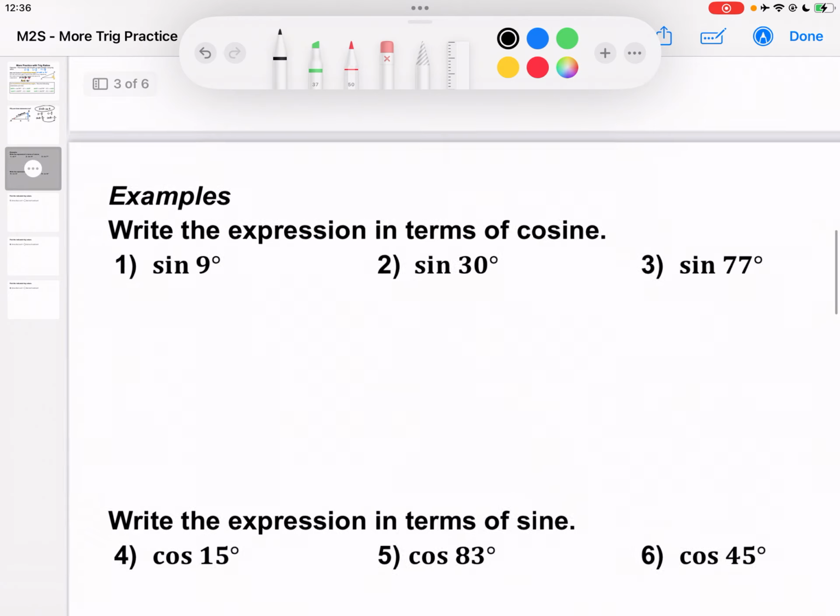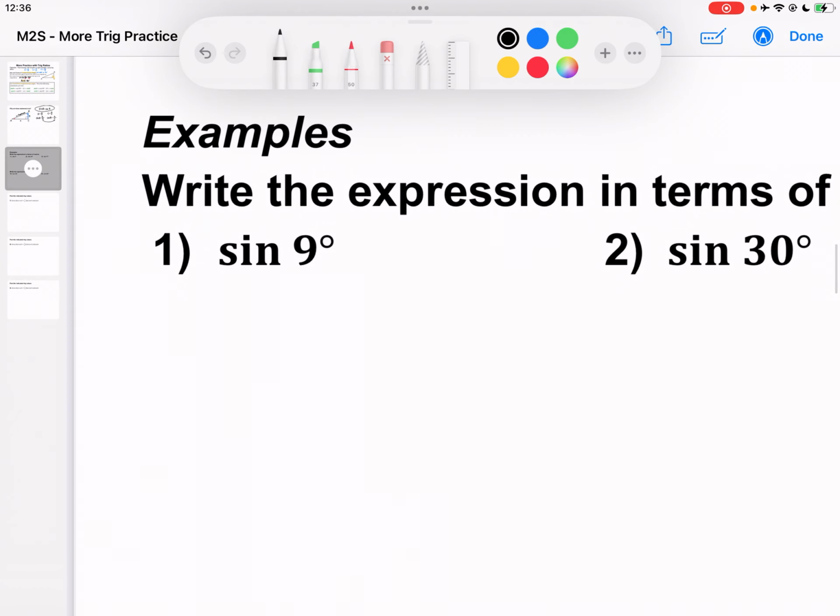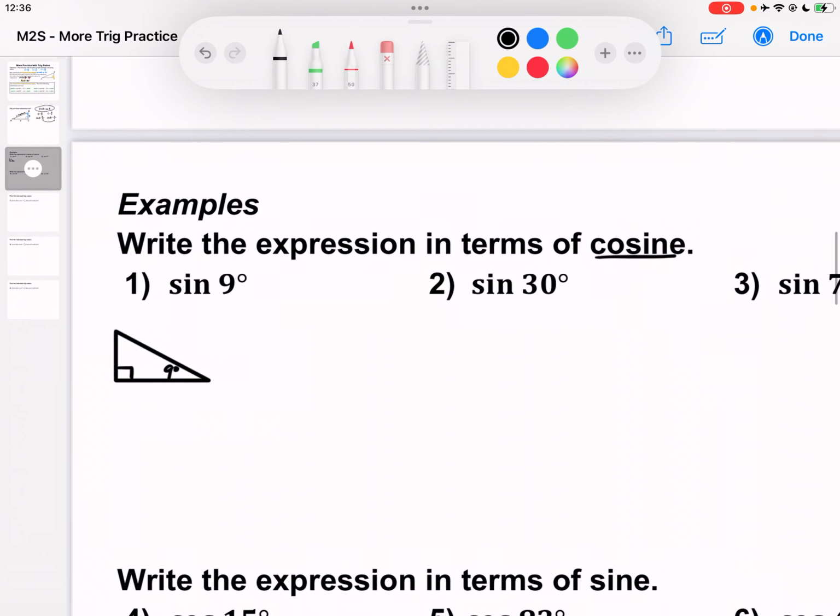If we use this in context, you can imagine it as a right triangle. You can do this a few ways, so I'll show you the right triangle way. If I had a right triangle, and let's say this is a 9-degree angle, if we're trying to write this in terms of cosine, then we find this angle right here by doing 90 minus 9 degrees, which is 81 degrees.